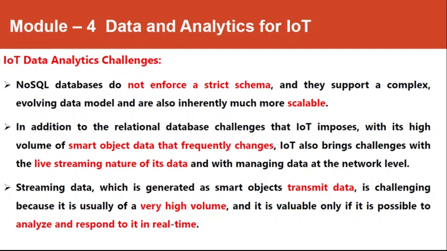Streaming data, generated as smart objects transmit data, is challenging because it is usually of very high volume and it is valuable only if it is possible to analyze it and respond to it in real time. The data generated by IoT devices or smart objects should be analyzed and responded to in real time. Otherwise, this data becomes useless or less valuable.